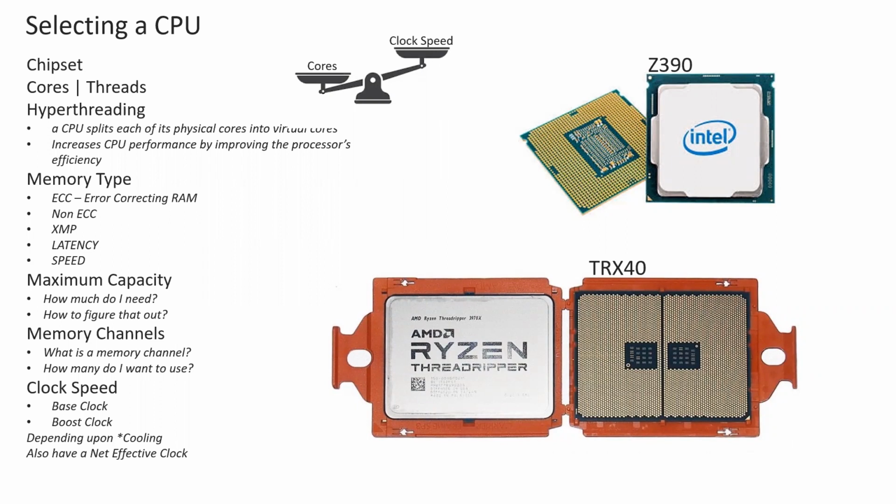If I'm doing laser scan registration under load all day long, it's going to heat up and slow down, so that's a lower net effective clock. If I'm doing Revit, only using 1 or 2 cores all day long, I'm going to see a higher net effective clock. Depending upon cooling, if we have optimal cooling all day long, that net effective clock will be higher, which is why cooling is so important.